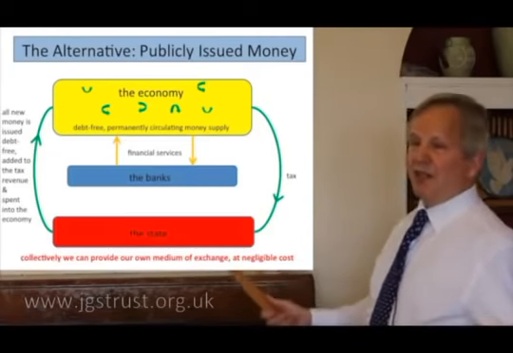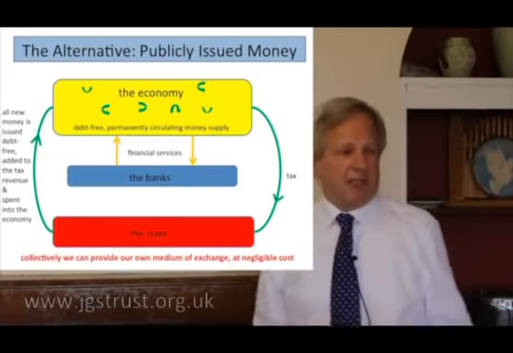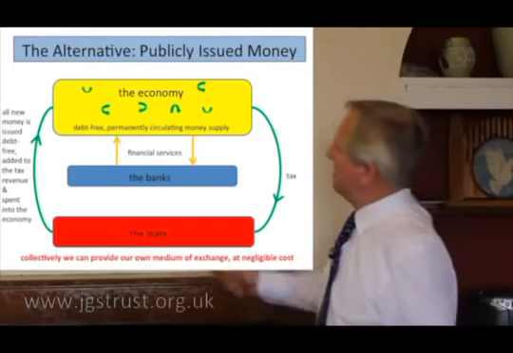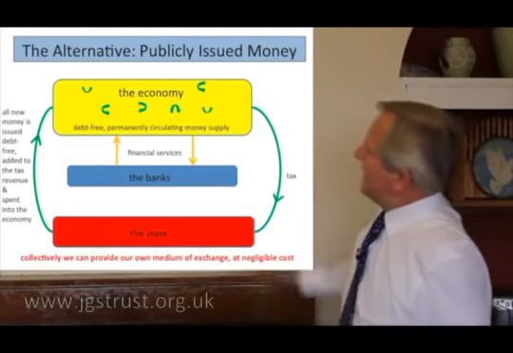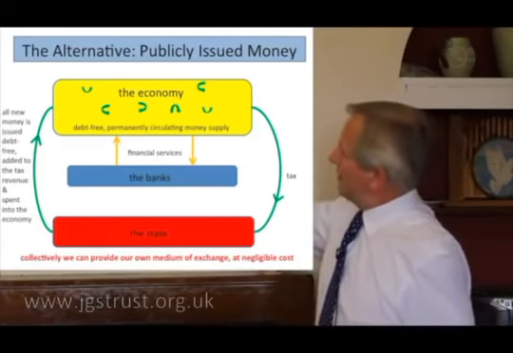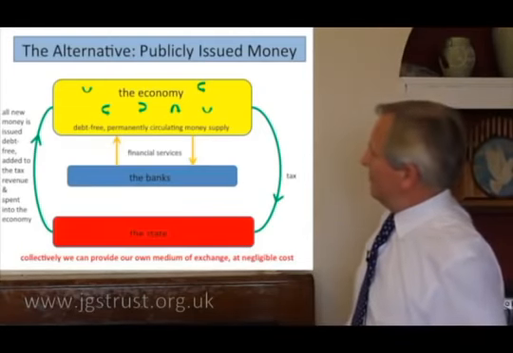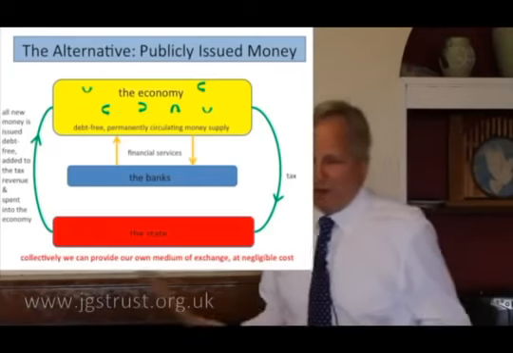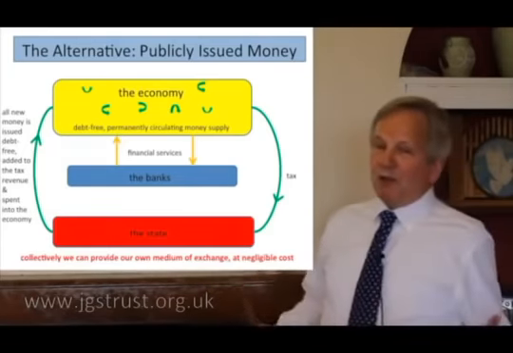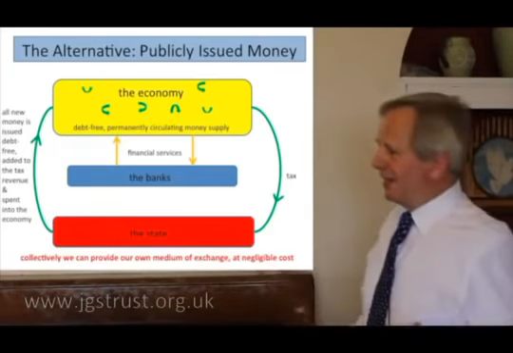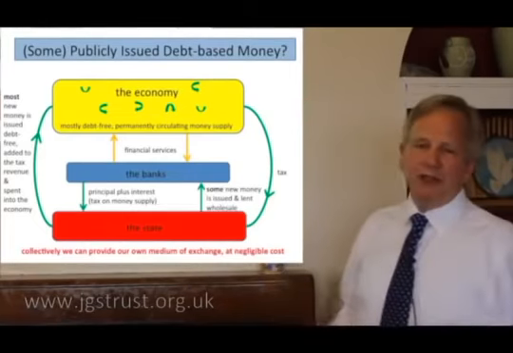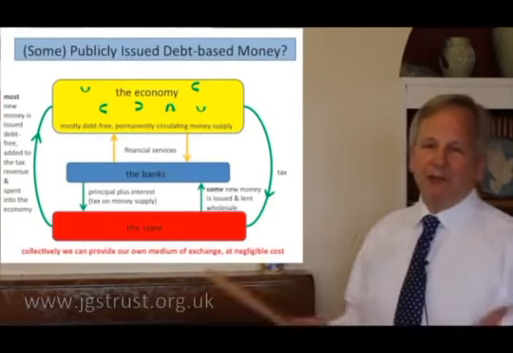You know, we're all going to use these numbers. Well, let's have our own numbers. Fine. So we issue them into the economy through what's called the state, which is, taking a benevolent look at it, what we all want to do collectively together. We all have nice roads and we all want to drive on the same side of the road and so on.